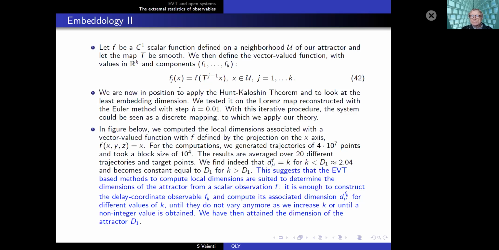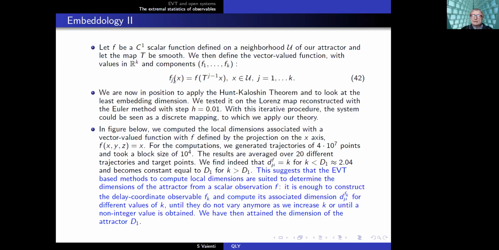So the message is the following: if we use this theorem on prevalent functions, and we try to compute the dimension of the image of the measure with extreme value theory, we can get an estimation of the dimension of the underlying attractor when we study time series.